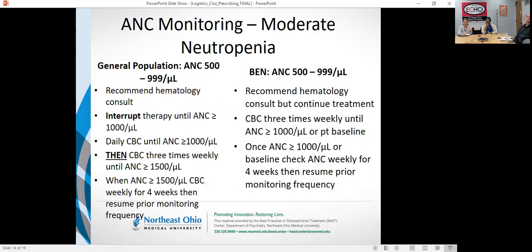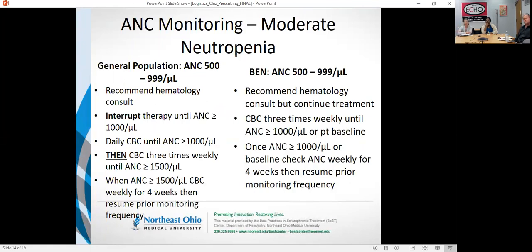They want daily CBCs until the ANC is over 1,000, then 3 times a week, and then they'll do it once a week when it's over 1,500 for at least the next month. So they'll slowly step them back from daily to 3 times a week to weekly, and then they can go back to what their prior frequency was.